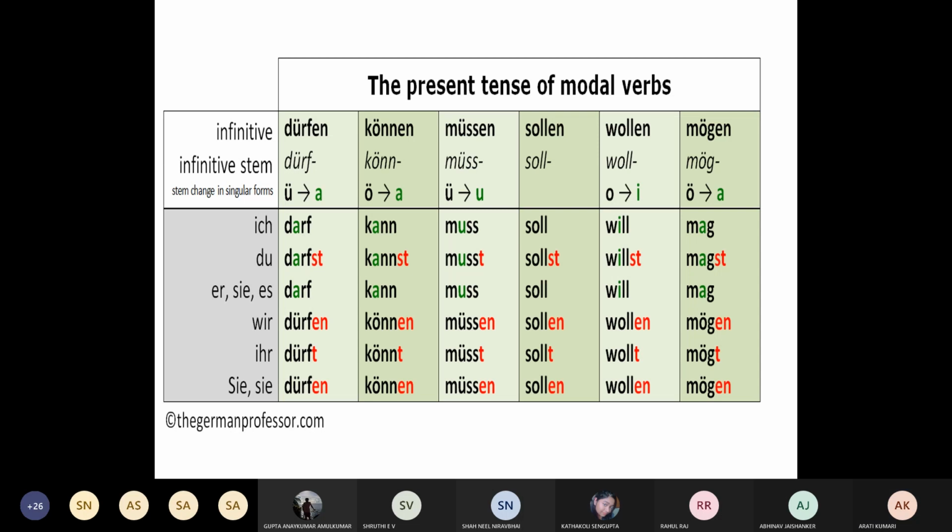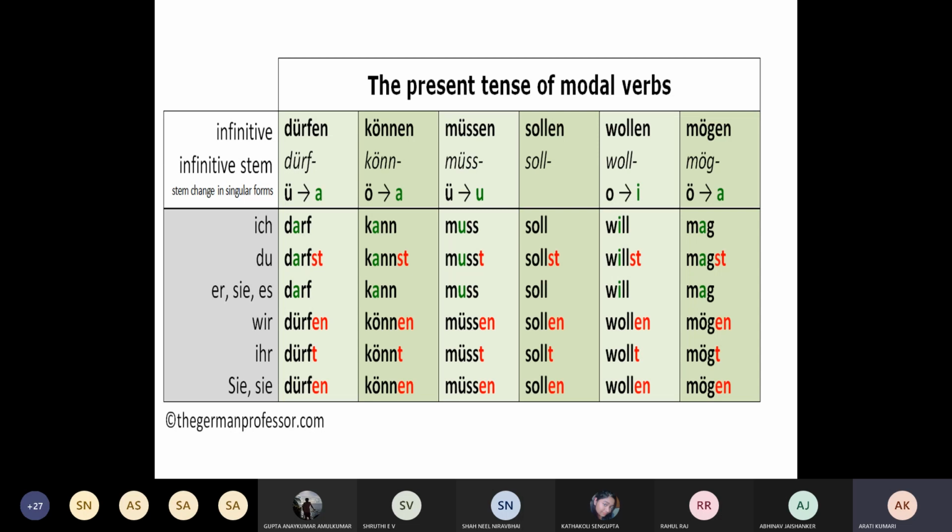Mögen. Ich mag. Du magst. Sie, es mag. Wir mögen. Ihr mögt. Sie mögen.